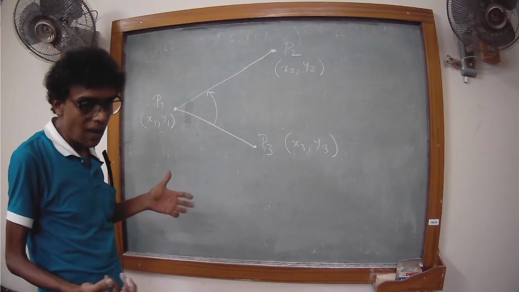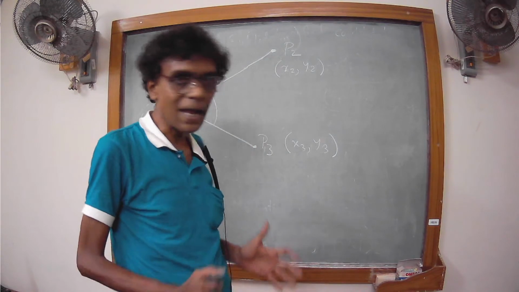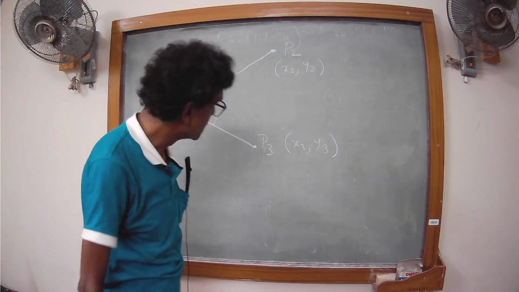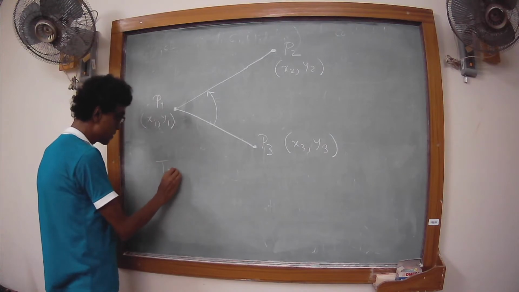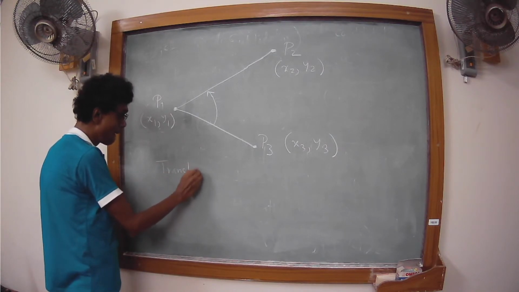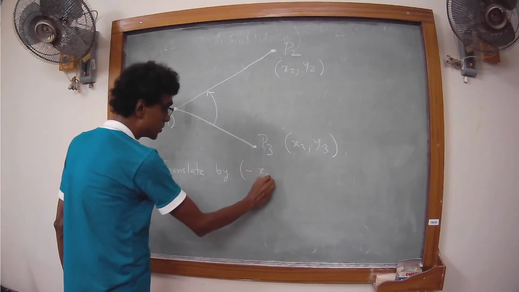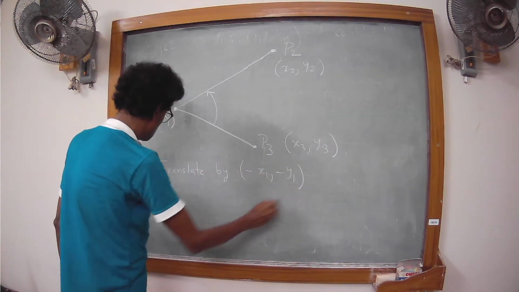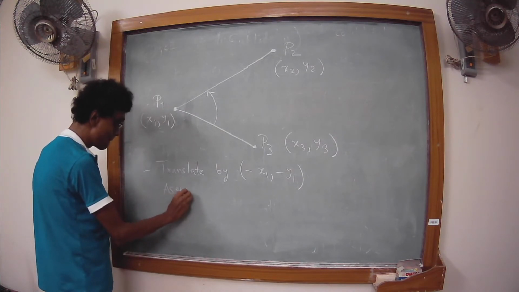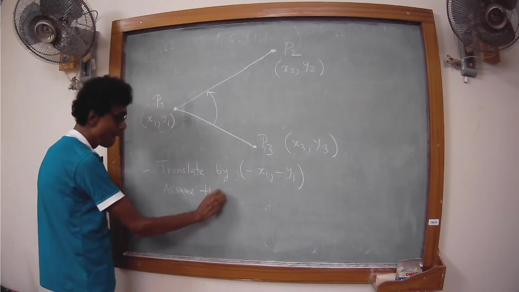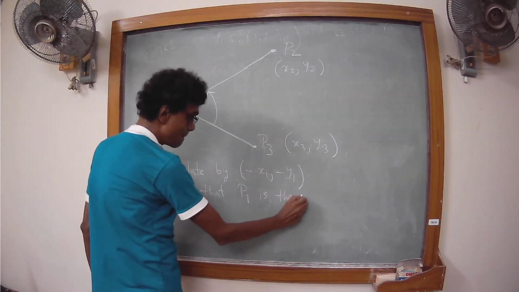And this simple translation is both distance preserving and angle preserving. So translate by this quantity, and then I can assume that P1 is the origin.